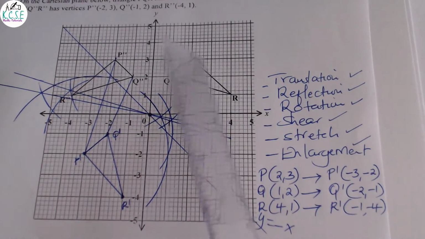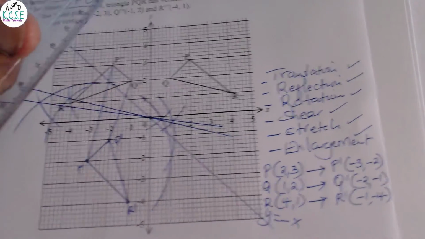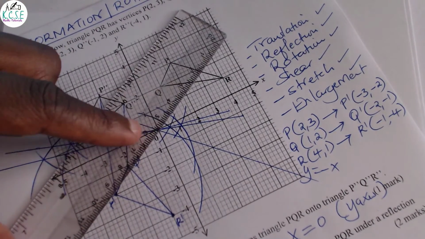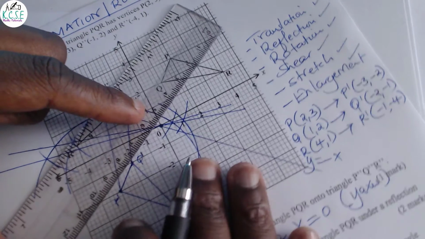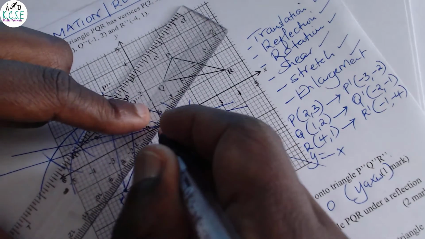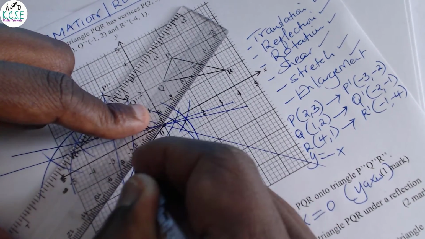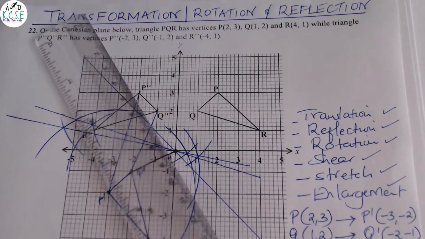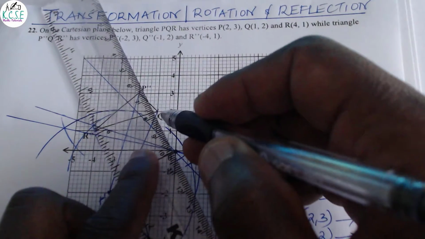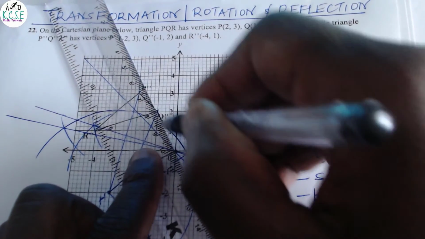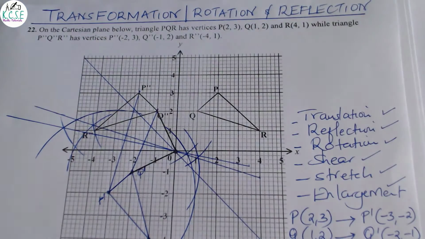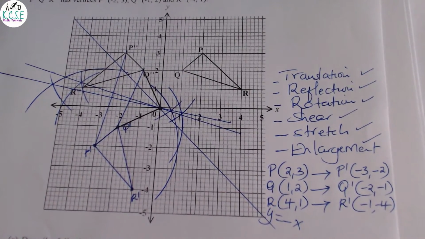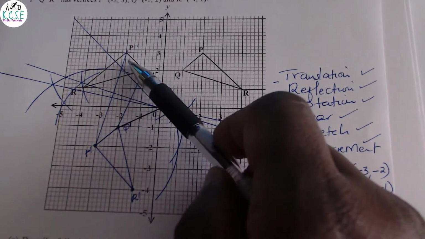So join any object point, like Q prime, to the center of rotation, and then from the center of rotation to Q double prime. Q double prime is there. So this is what I've done. Now I want to get the angle of rotation.